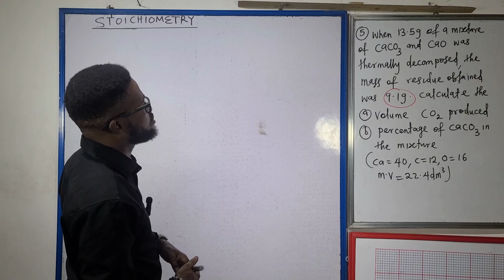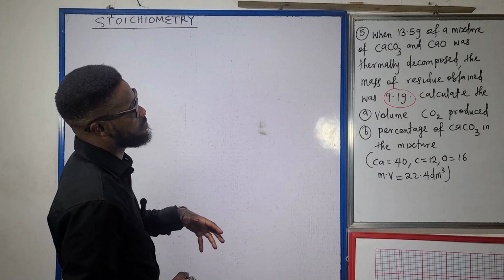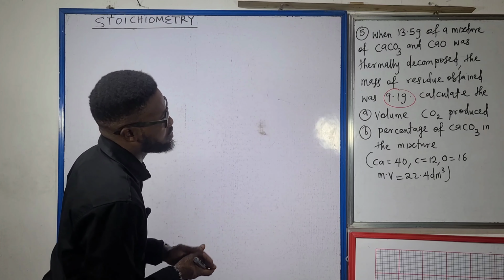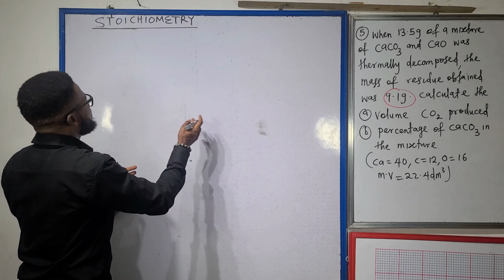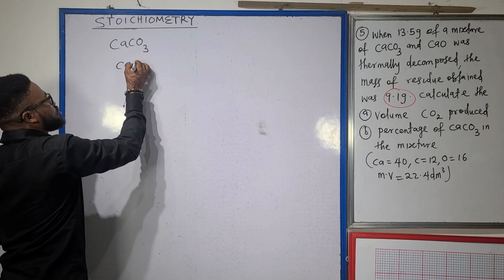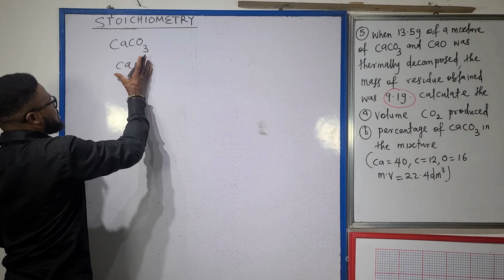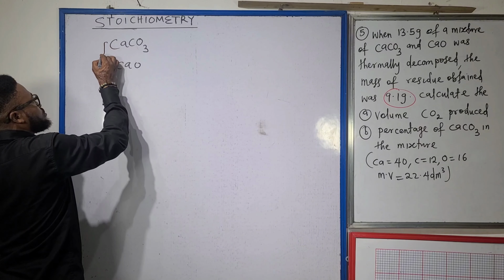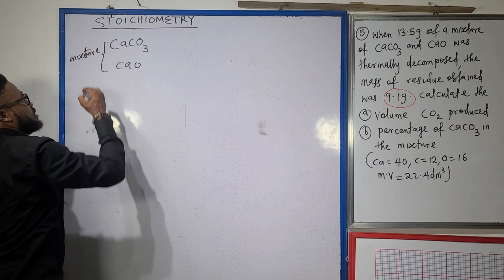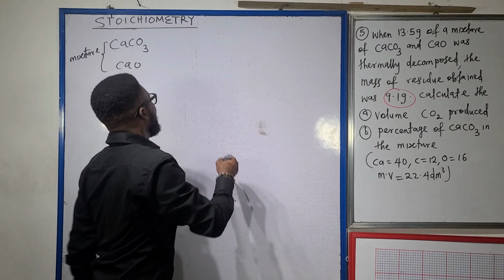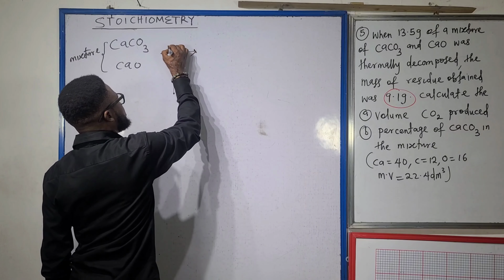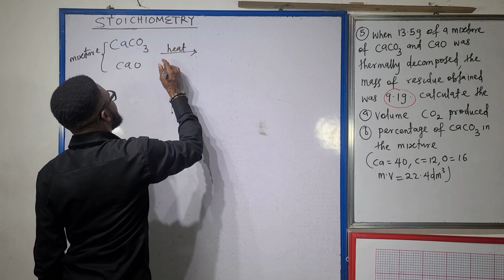Well, let's get into the question. When a 13.5 gram mixture of calcium carbonate and calcium oxide was thermally decomposed, what that means is that I have calcium carbonate and calcium oxide as a mixture, and it was thermally decomposed, so we have to heat it.